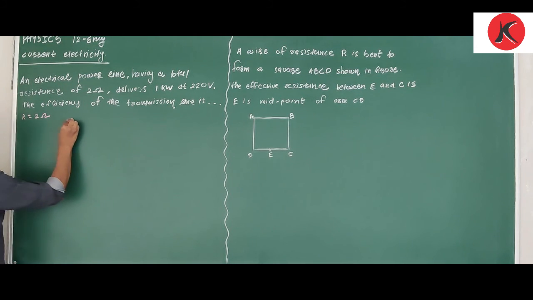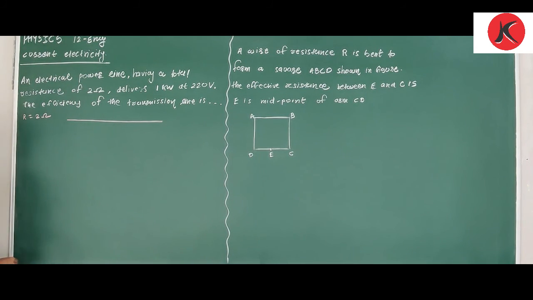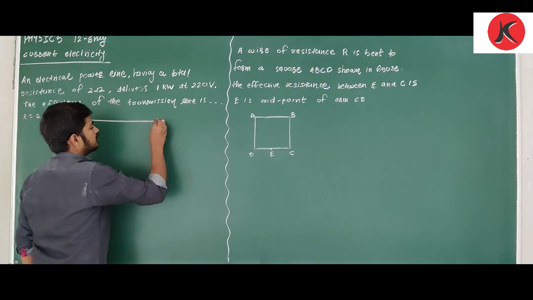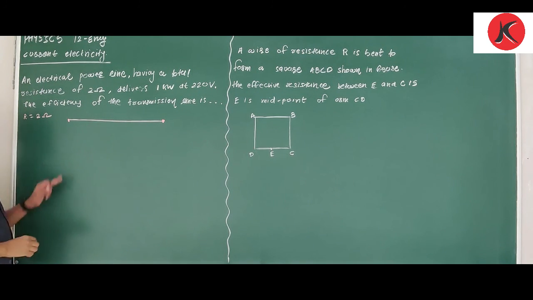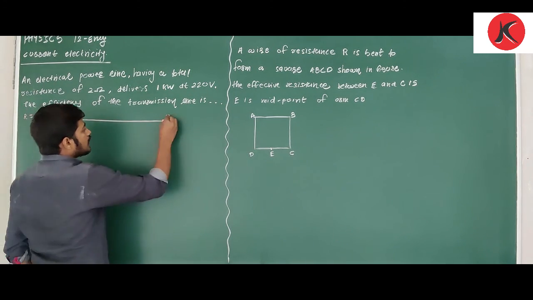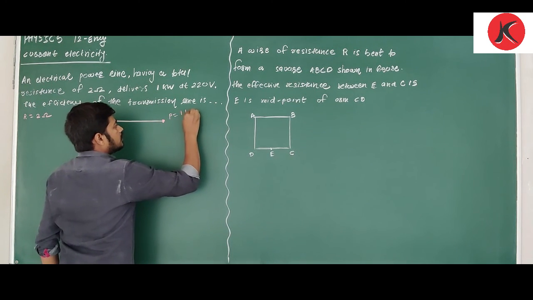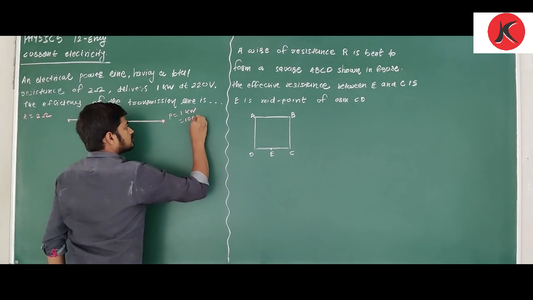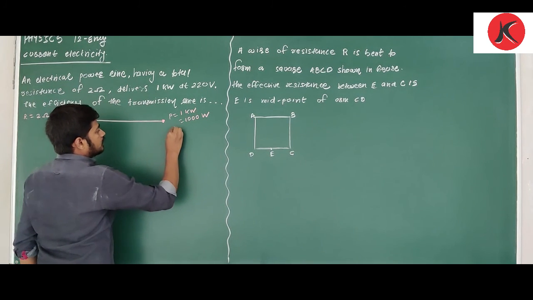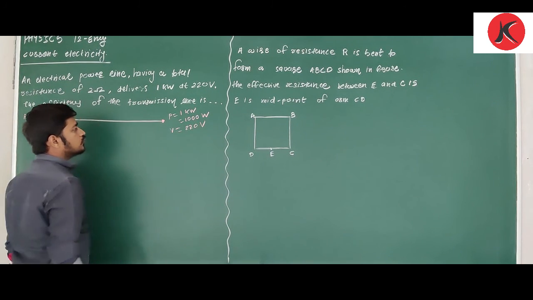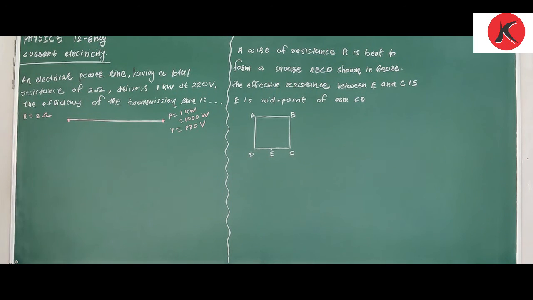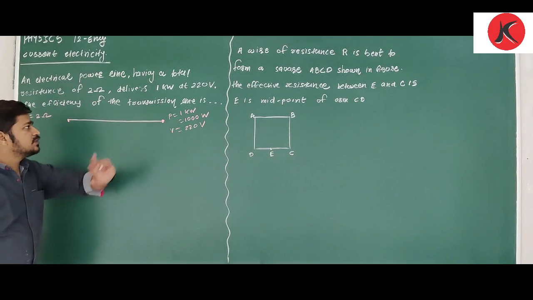The power line delivers 1 kilowatt at 220 volt, meaning at the point of supply it delivers power P equal to 1 kilowatt, which is 1000 watt, at 220 volt. The resistance of this power line is 2 ohm. Your question is, what is the efficiency of the transmission line?